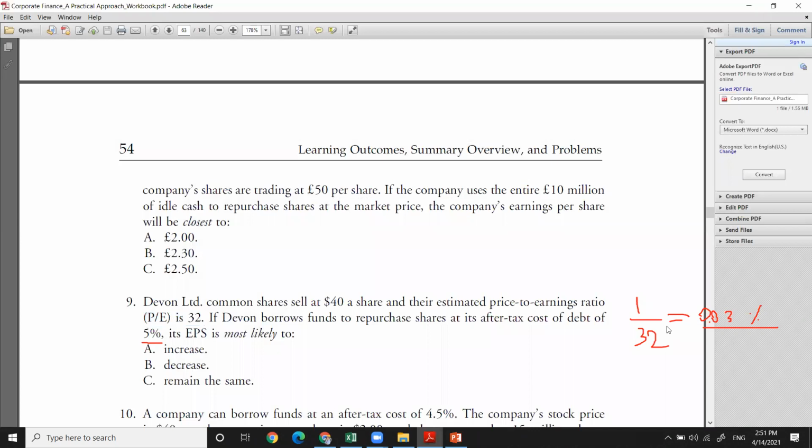So earnings yield is 3% and cost of debt is 5%. We can see that earnings yield of 3% is less than this. So earnings yield is less than cost of debt. We expect the earnings per share to go down, to be decreasing.